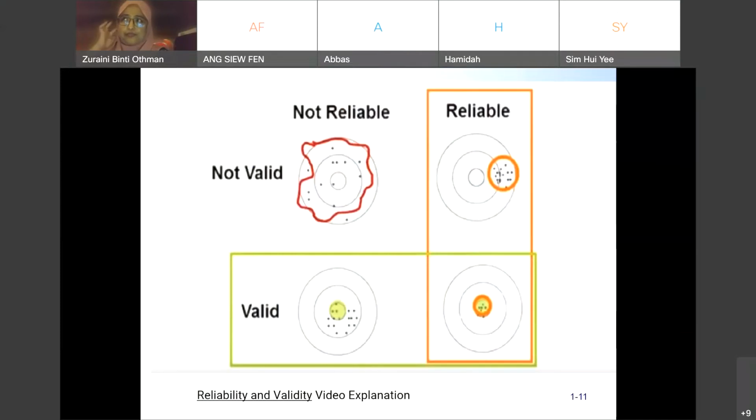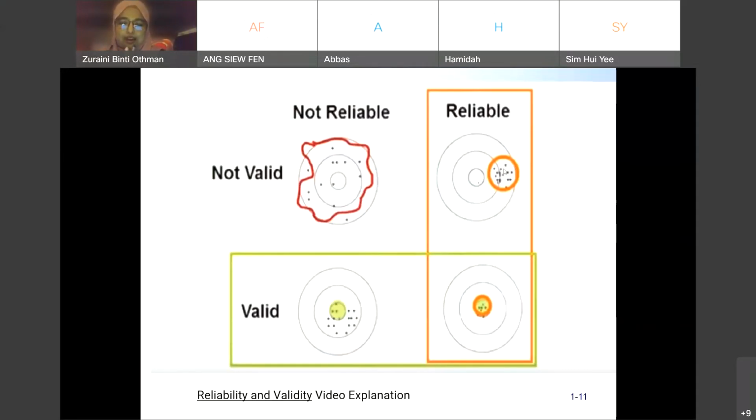For example, we produce one car, but it is not fast enough. Our target is to make a car that can go fast. This is our target, fast.